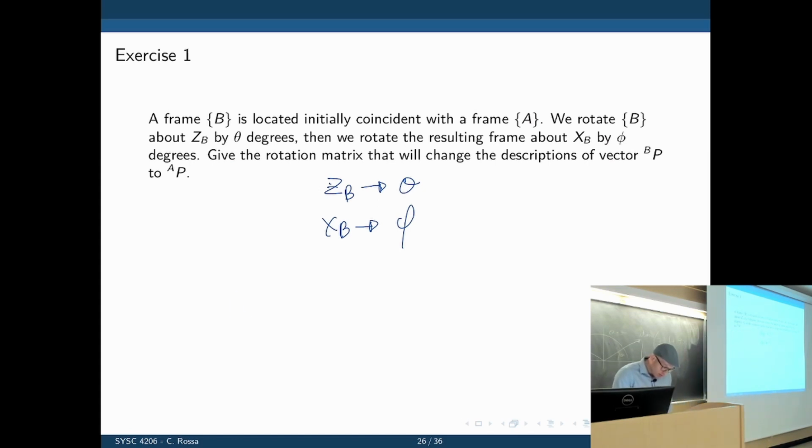So the rotation matrix then from B back to A, we start with the first rotation and then post multiply subsequent rotations. So we have the rotation around Z by theta times the rotation around X by phi.